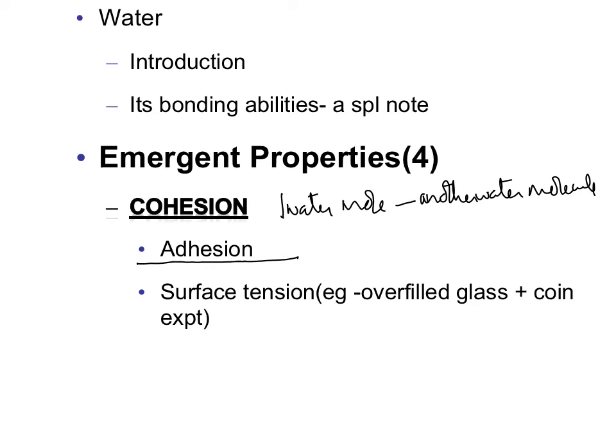Whereas in adhesion, on the other hand, one water molecule is attracted to the walls of the xylem vessel of the plant, the cellulose part of it, and moves.